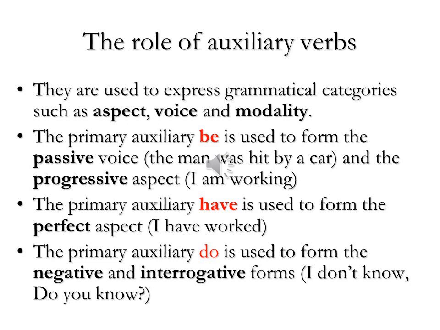Coming to the next primary auxiliary, have. Example is I have worked. In this sentence, have is expressing the perfect aspect of the tense. The last one is the primary auxiliary do, and it is used to form negative and interrogative forms. For example, I don't know.